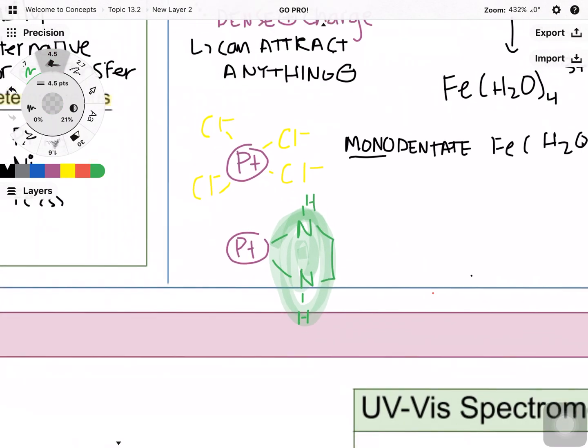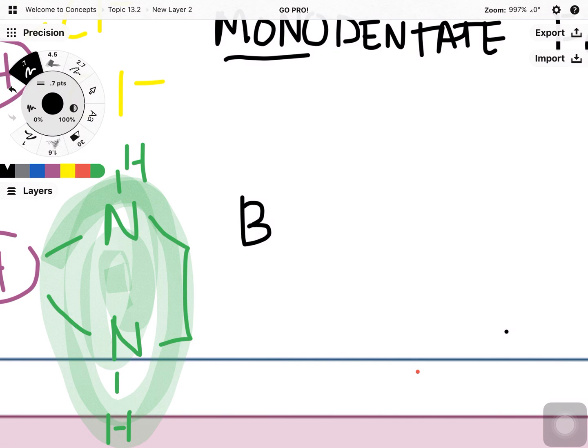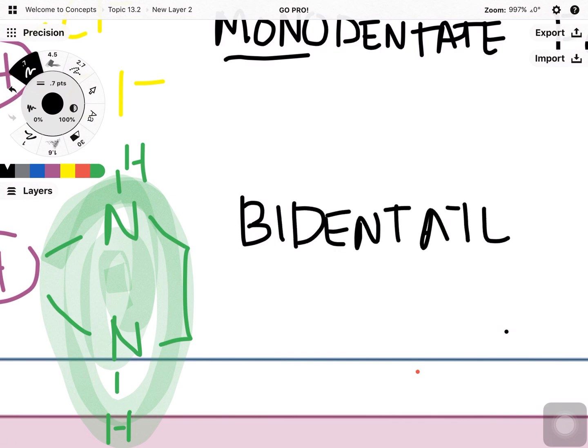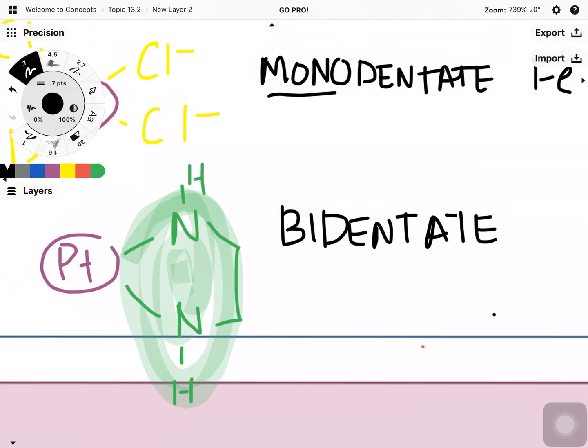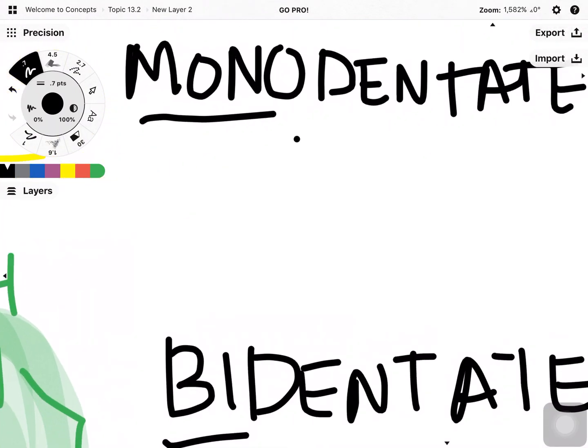And so this type of ligand is called a bidentate ligand. So this is an example of a bidentate ligand because the same molecule is bonded twice to the metal ion. Okay, so different types of ligands. So let's write that underneath. Monodentate ligand and bidentate ligand.